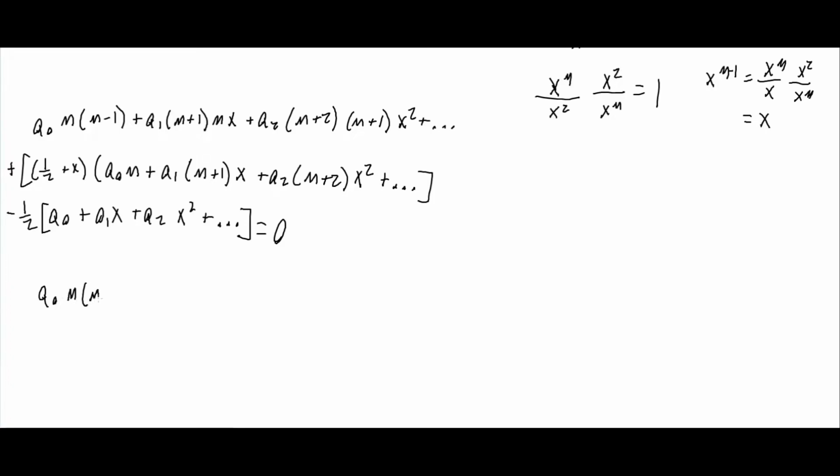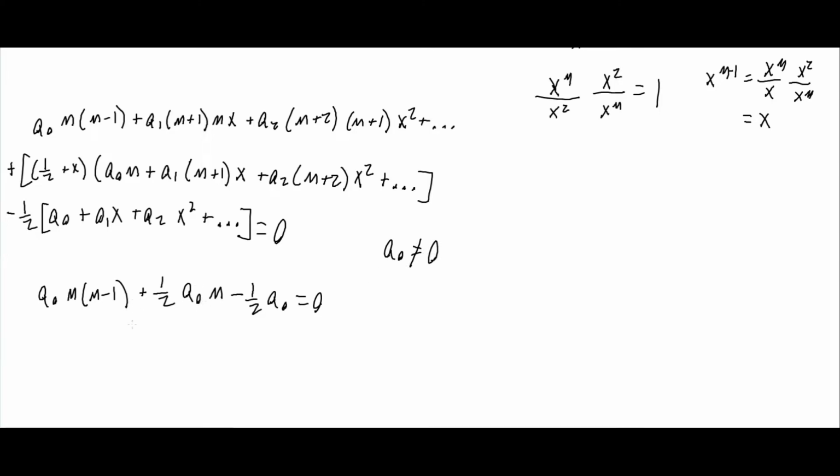And then we combine that with this a naught m, and we have to multiply this through, so we end up with plus 1/2 a naught m, and then we have this minus 1/2 times a naught, so we have minus 1/2 a naught, and that should equal 0, because we are saying that a naught is not equal to 0.